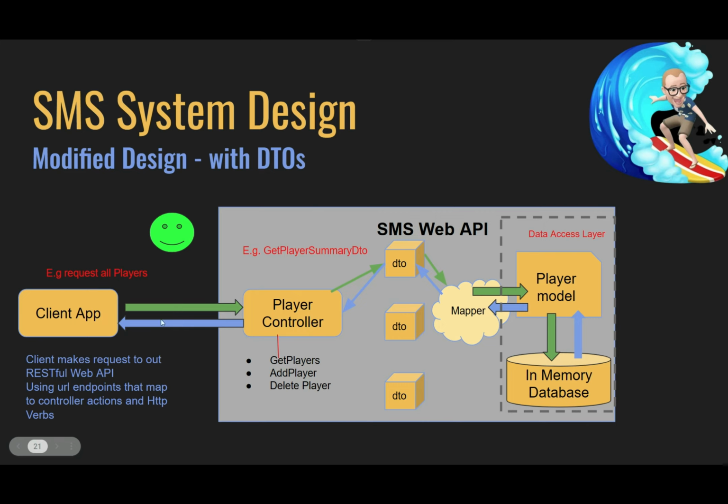Our outside world client wants to request a summary of all the players in the system. It makes a request using the HTTP GET, comes into the player controller, hits the correct method, and that method will go off and query the underlying player model in the database, return back a list of players, and then a mapping takes place that will convert that list of players into a suitable DTO object, which will hide sensitive information or reshape the data as required for that request.